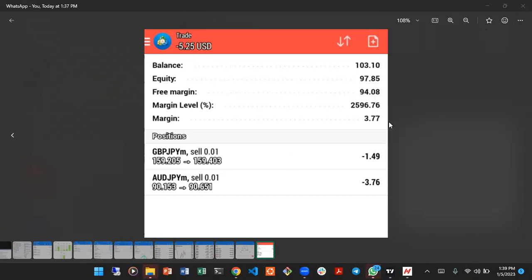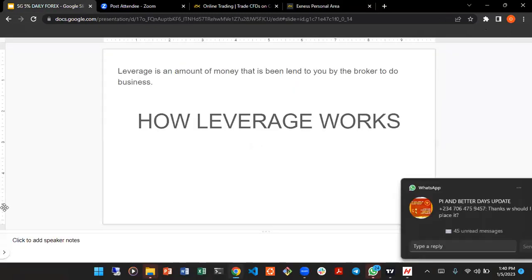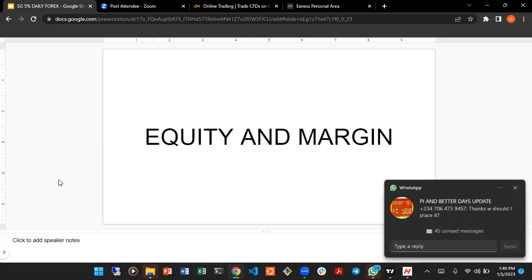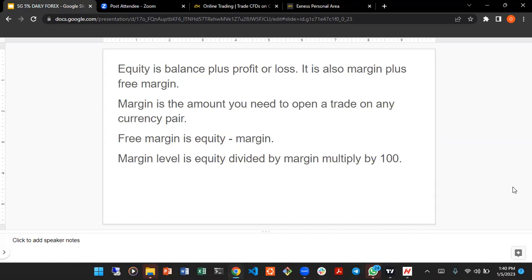Your balance is the total capital you have in your account. That's your balance. Now, the equity is the balance plus profit or loss. What did I say? Equity is the balance plus profit or loss. It is also margin plus free margin.